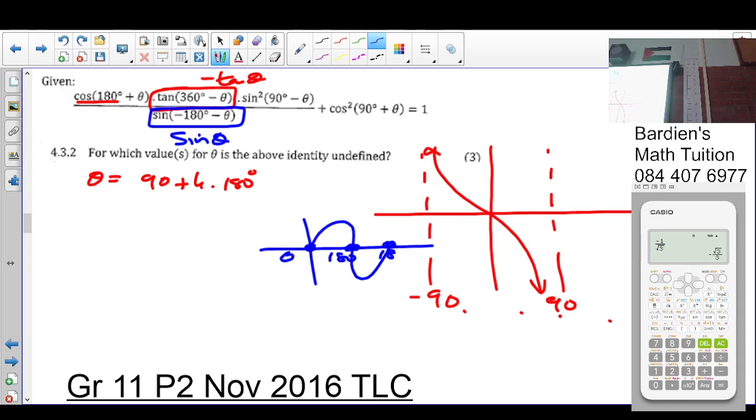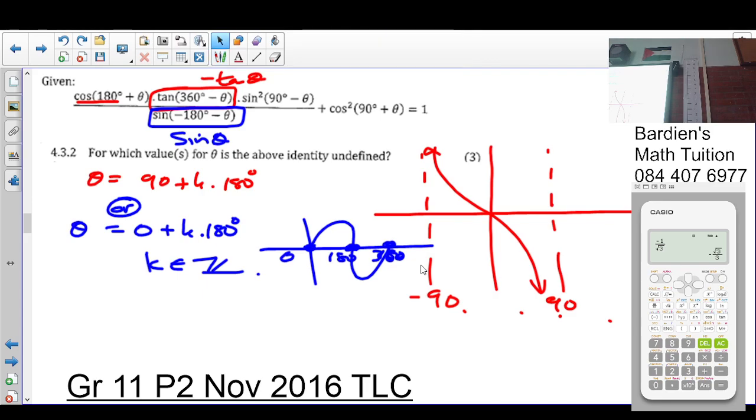So that's going to happen every 180 degrees, as you can see here. So I say, or theta is equal to 0 plus k times 180, where k is an element of integers. Okay. Any confusion here? No, you guys are confused.